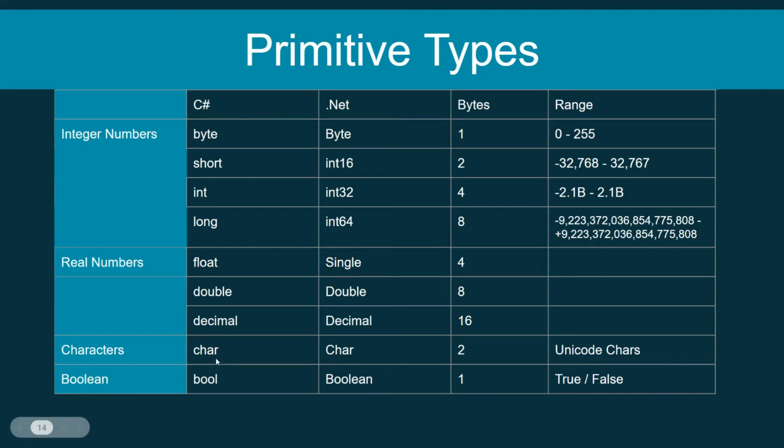For characters we have char, and then for boolean, for conditionals we have boolean, and then the type name is bool. In .NET it is system.boolean, and then this is the size that each type takes in the memory, and that is in the range, in which range your number or the value should be for each type.